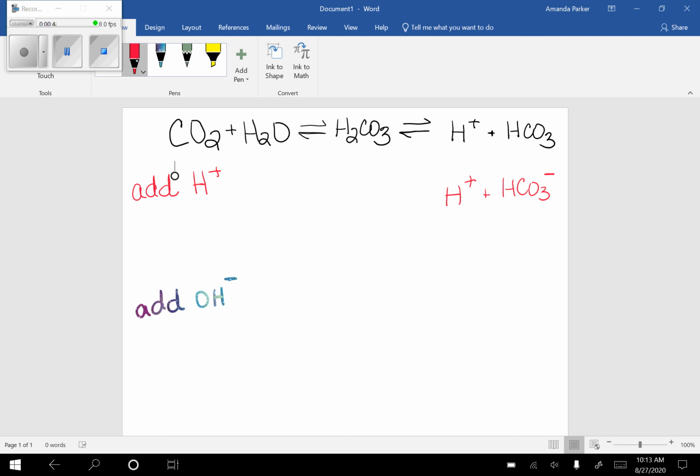Because you have these two species coming together, you are going to make more carbonic acid. If you make more carbonic acid, you now have more carbonic acid available to dissociate into carbon dioxide and water.